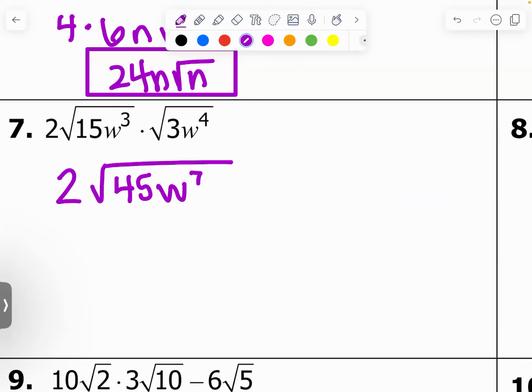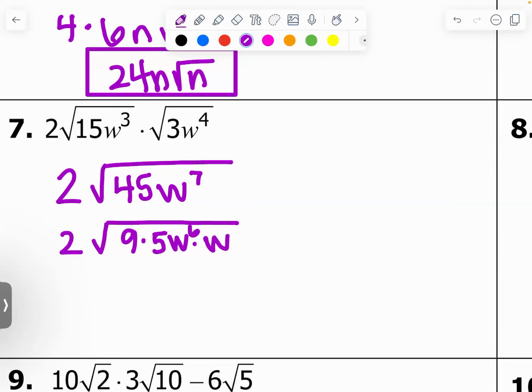Now here's the deal. Most of us are good with the numbers, but some of us are still iffy with the variables. What perfect square divides into 45? 9 times 5. Do we have an even or an odd number of W's? So we're going to say W times W to the 6th.